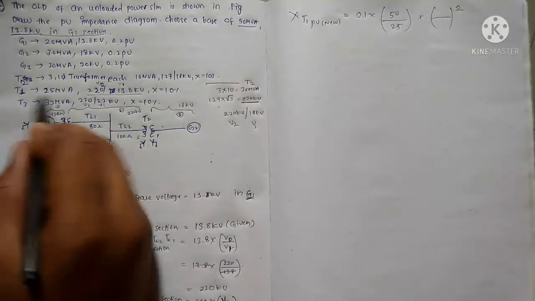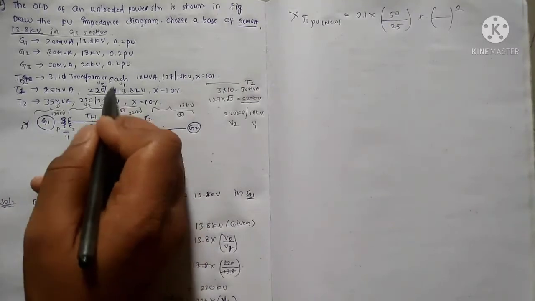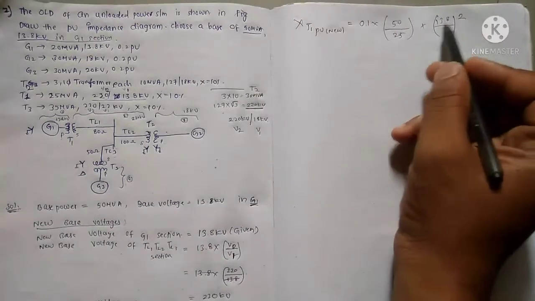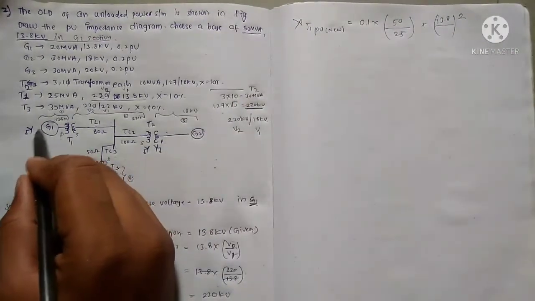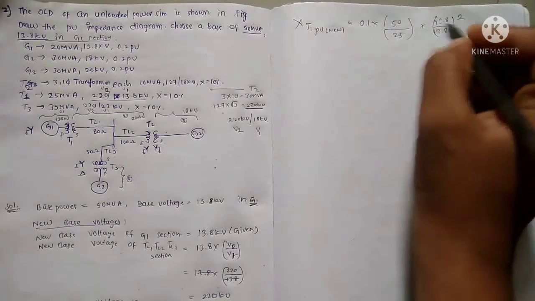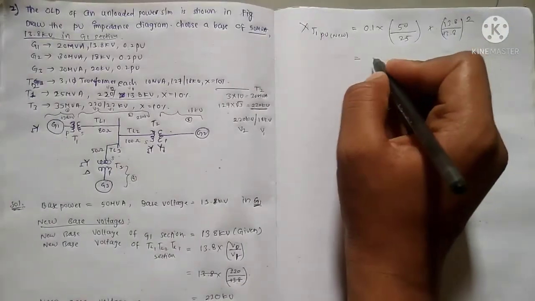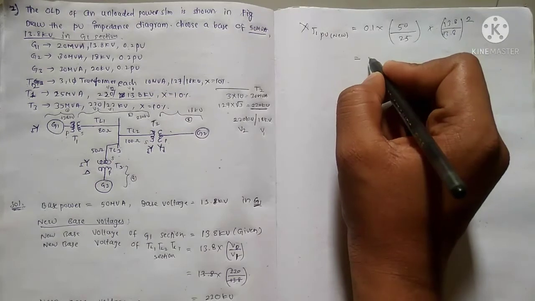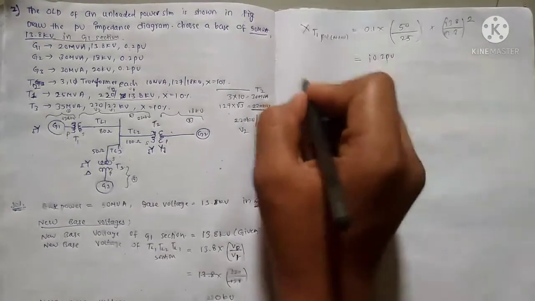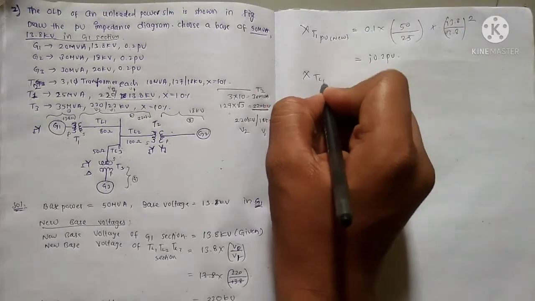For T1, I'll take primary, the primary voltage is 13.8 kilovolt. Since we took the primary voltage, the primary side section voltage is 13.8 kilovolt. That gives us j 0.2 per unit.